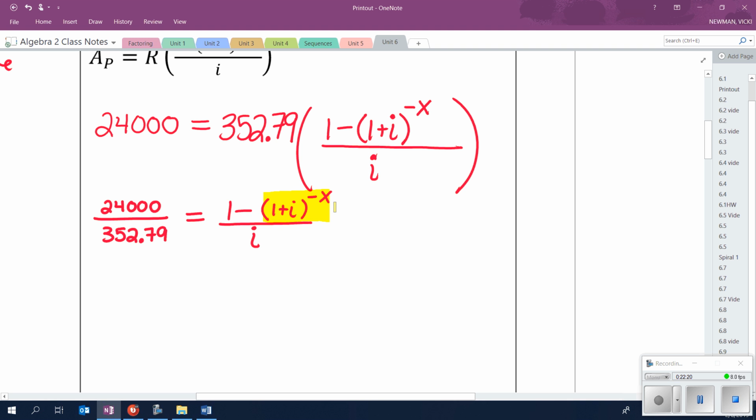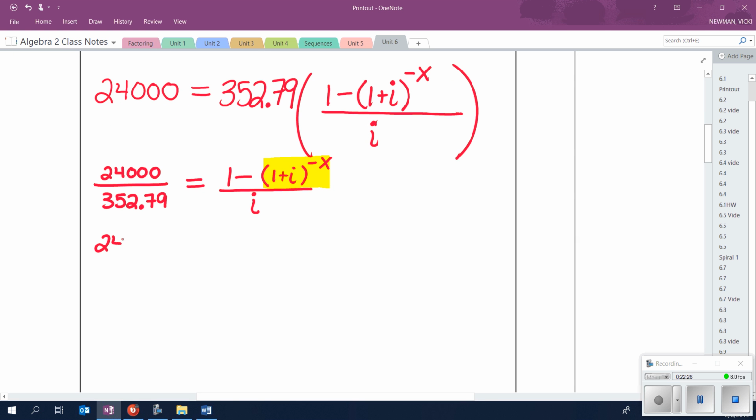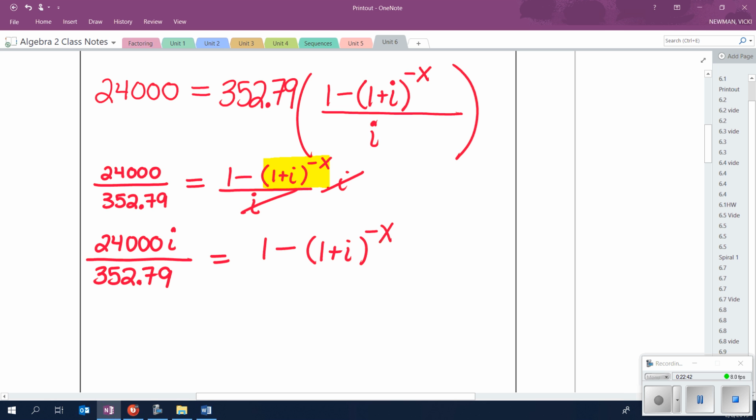What should I do next to get that alone? Times by I, okay. So 24,000 times I divided by 352.79. When I multiply by I on this side, they go away. Equals 1 minus (1 plus I) to the negative X.